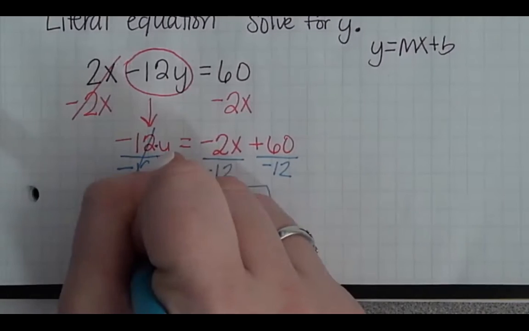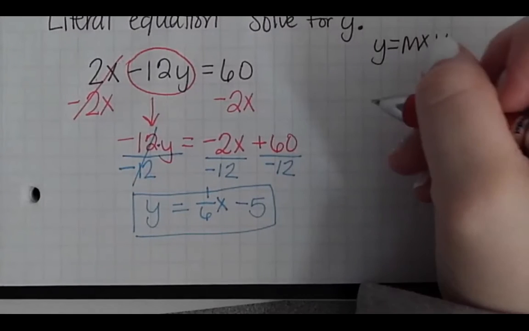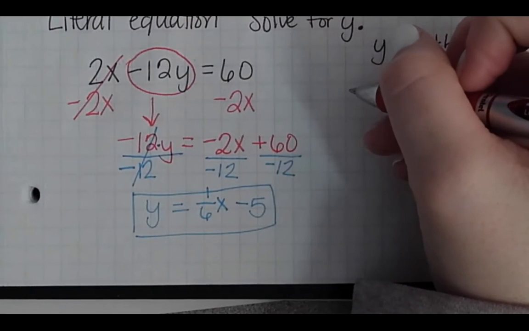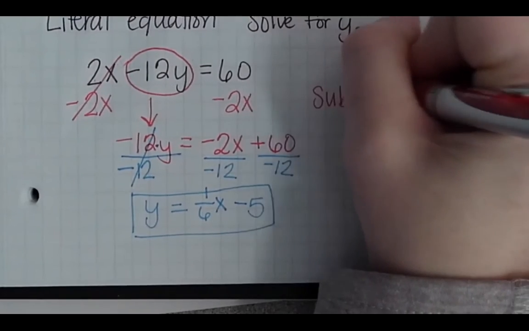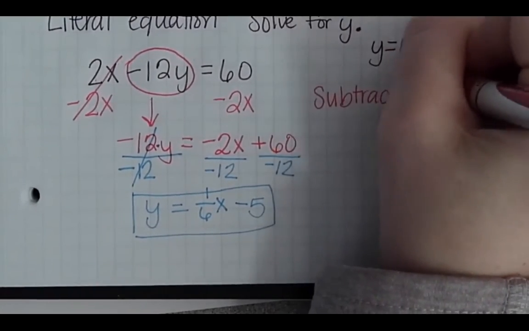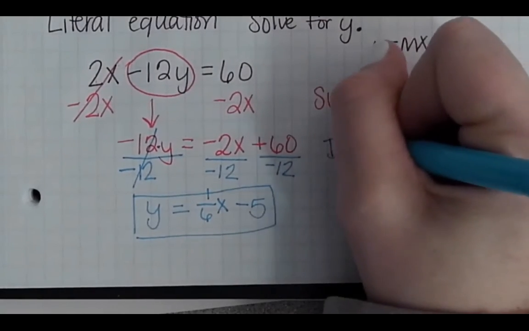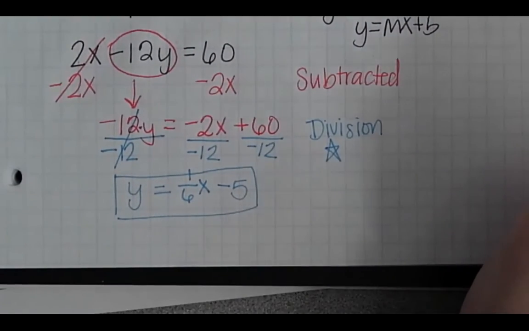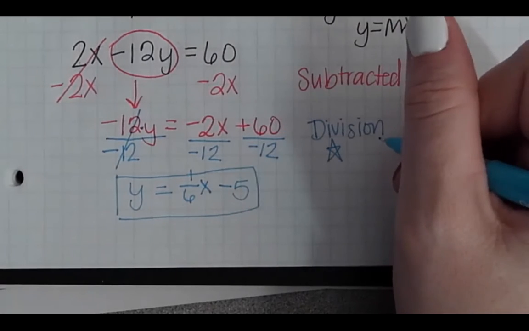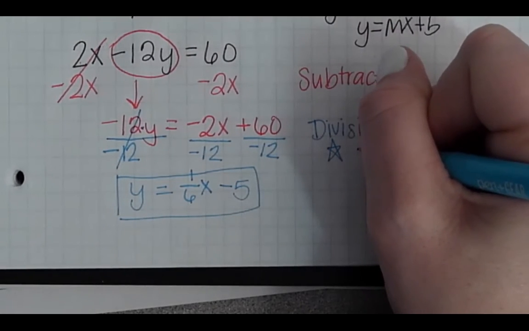Whoops, I just cut right through that. Let's write our steps that we did. What did we do first? We subtracted. Then what did we do? Division. And remember, I would put a star right here for yourself if you're looking at it during the final or during whatever part: divide to all terms.